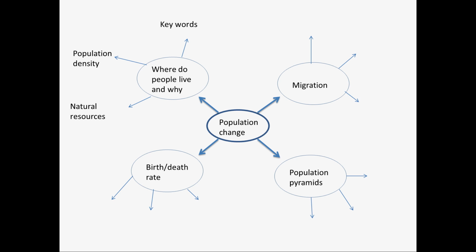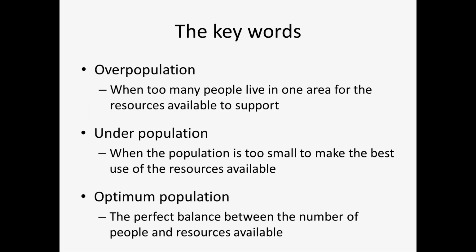So here are the key words. They might look similar but they make sense, I promise you. So we've got overpopulation, which as the name suggests is when too many people live in an area for the resources available to support. I would say an example, but I can't think of one.